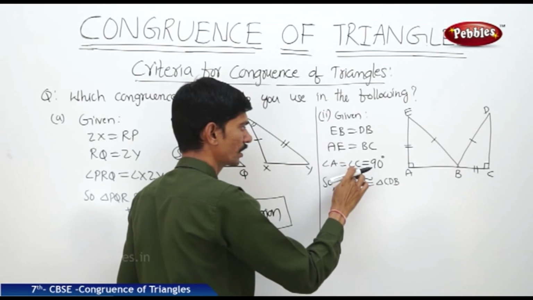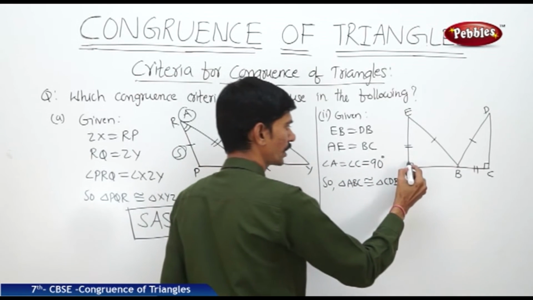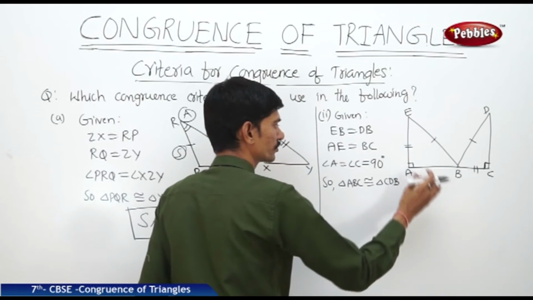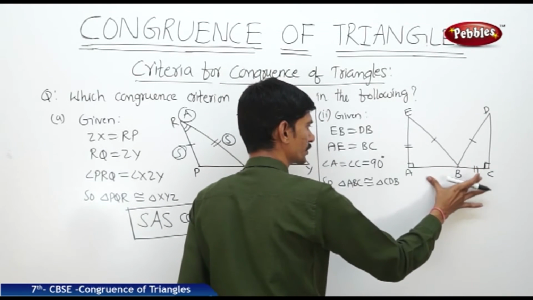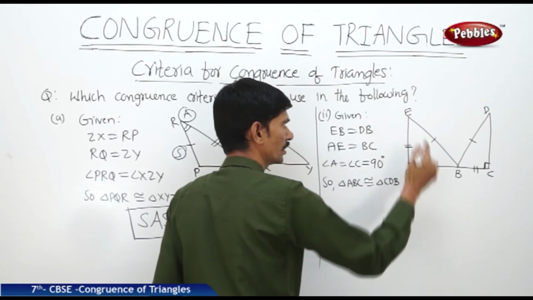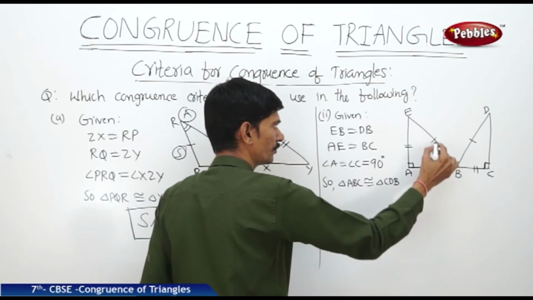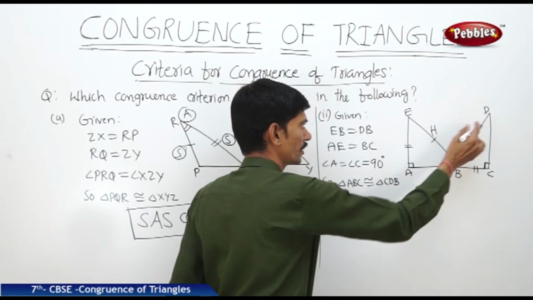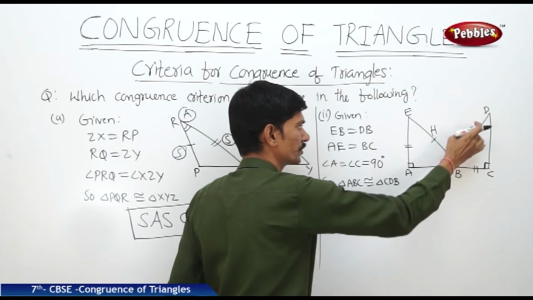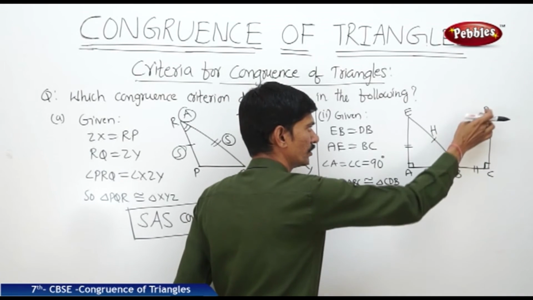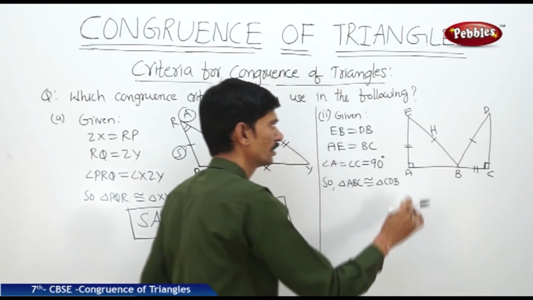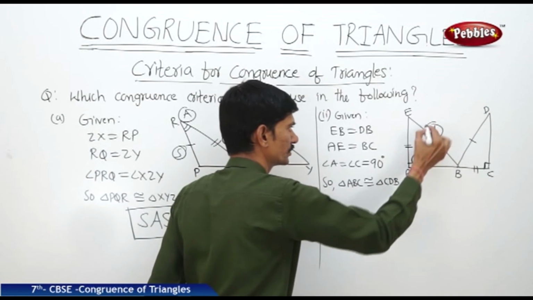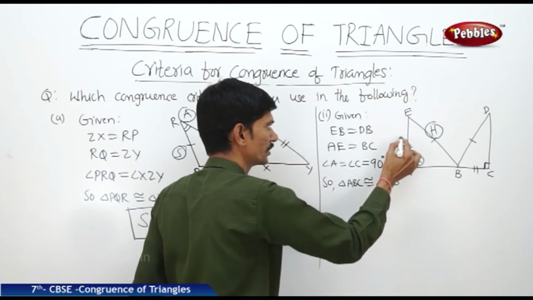Then angle A equals angle C equals 90, so these are both right angles, which means these two triangles are right-angled triangles. Here EB is the side opposite to the right angle, so it is the hypotenuse, and DB is also the side opposite to the right angle C, so DB is also a hypotenuse. Now this is the right angle, this is the hypotenuse, and EA is the side.